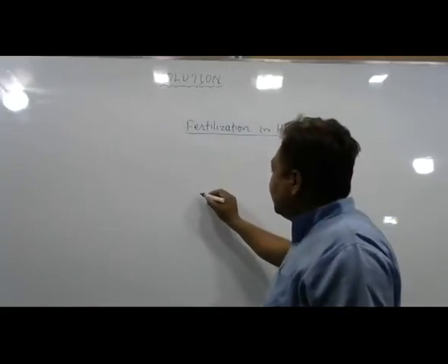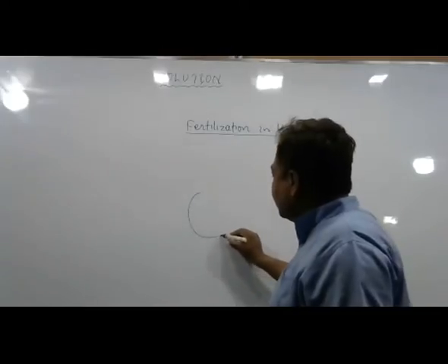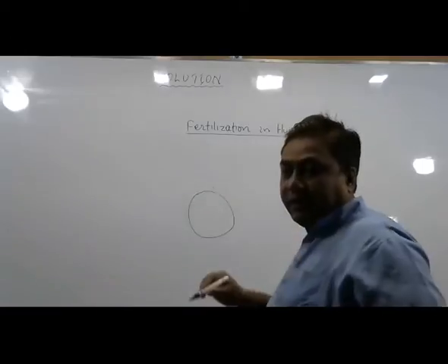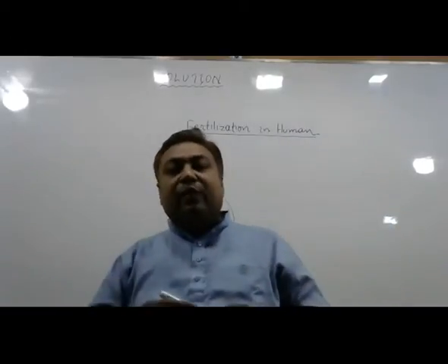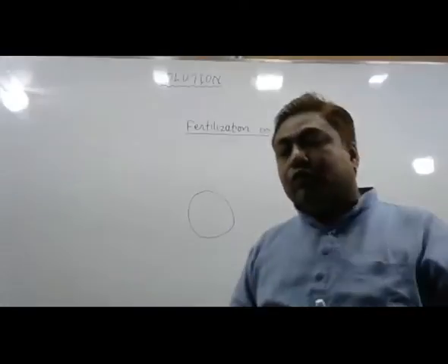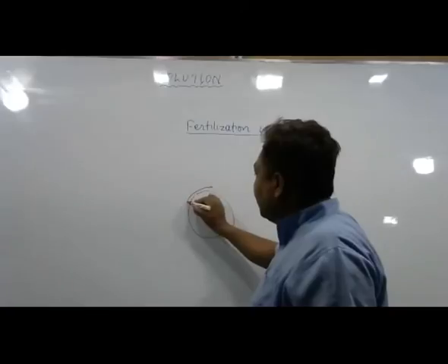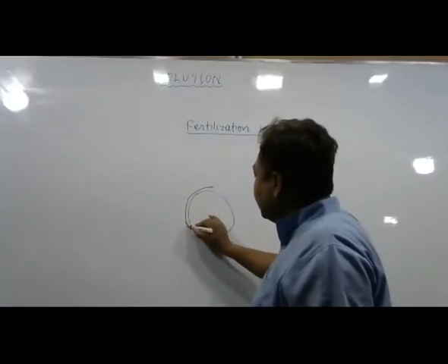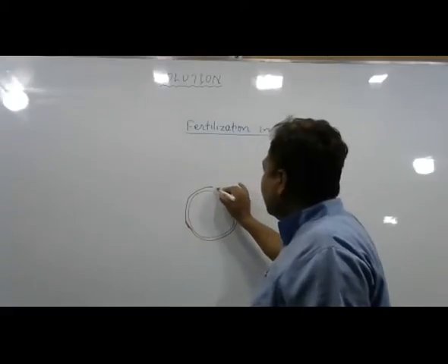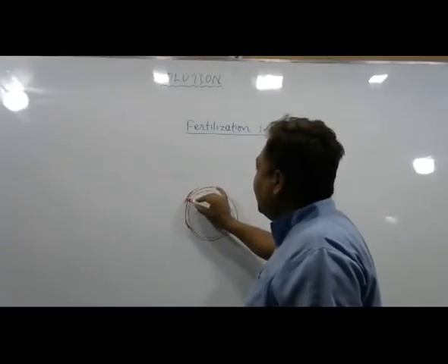The secondary oocyte is surrounded by a layer made up of glycoproteins, known as zona pellucida.